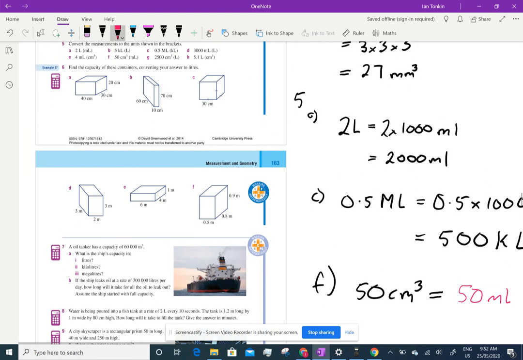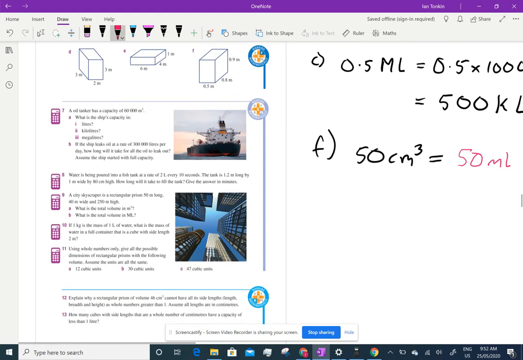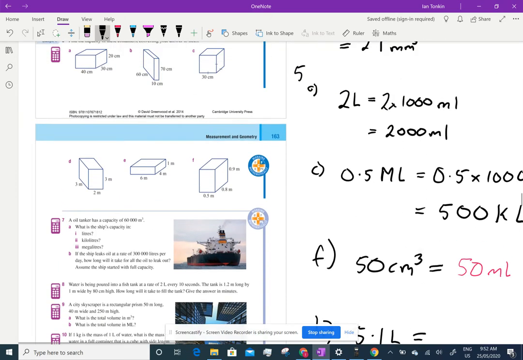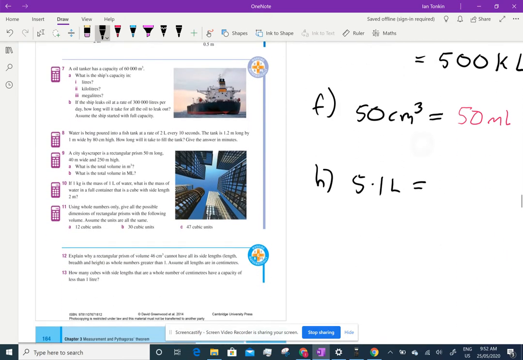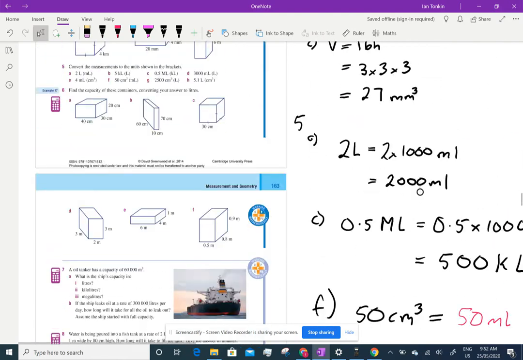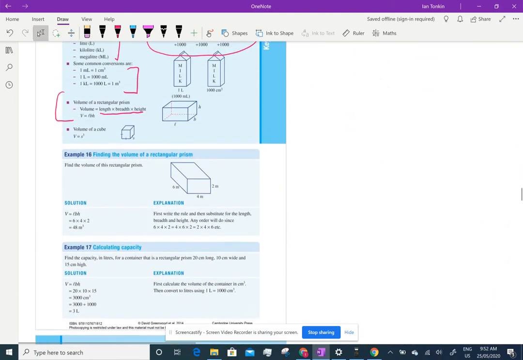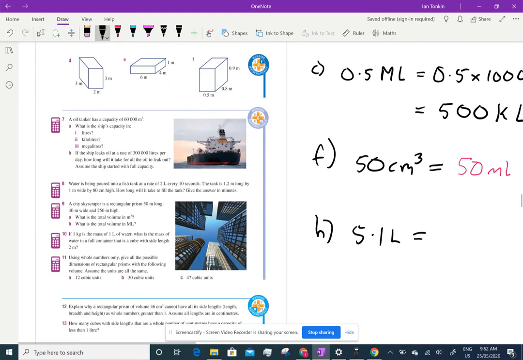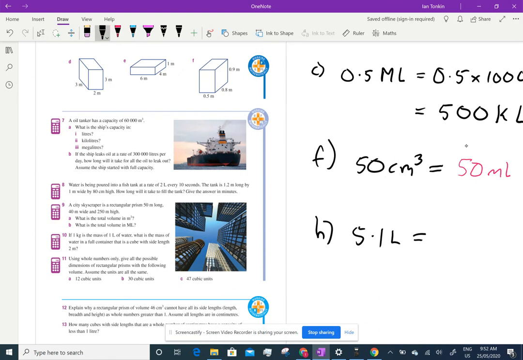What about 5.1 litres? So this is H, 5.1 litres, and I've got to make that into centimetres cubed. Well, I go up here, and I'll use it again. Now, 1 litre equals 1,000 mils. So I'm going to make this into mils first.